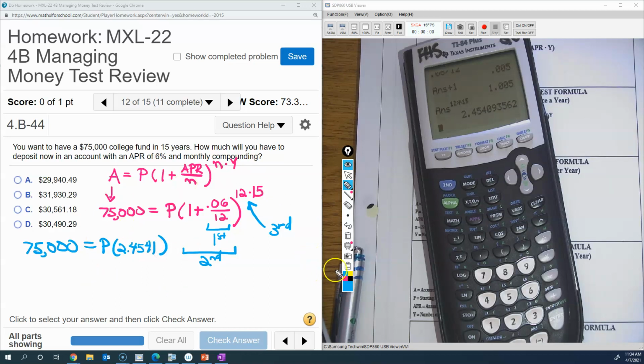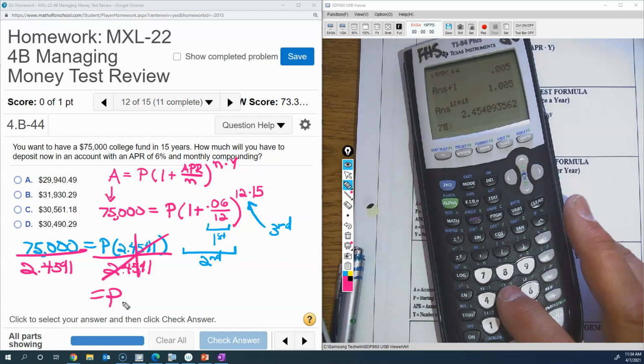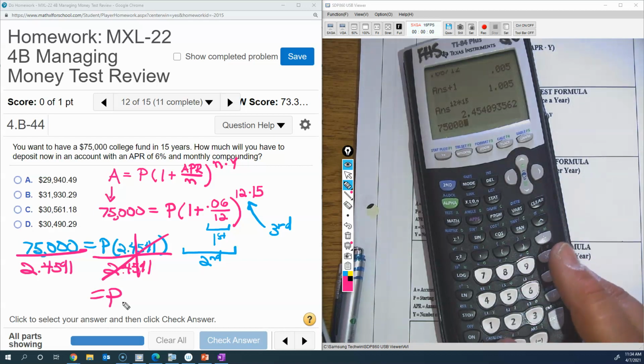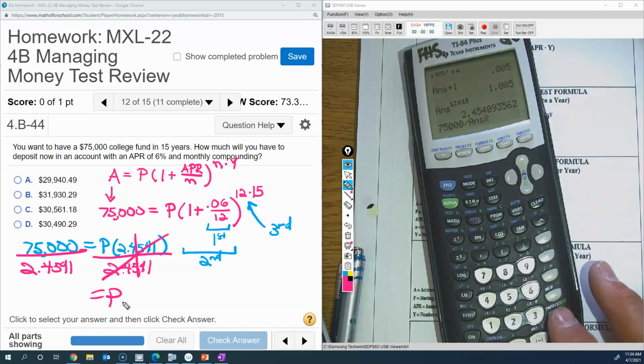That's the rounded number. So 75,000 divided by second answer.